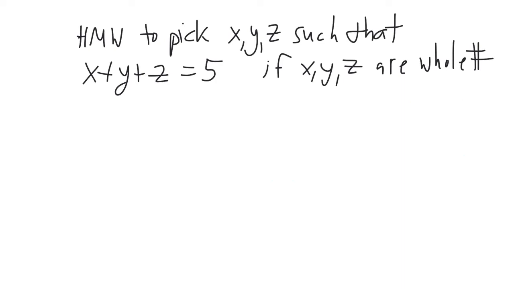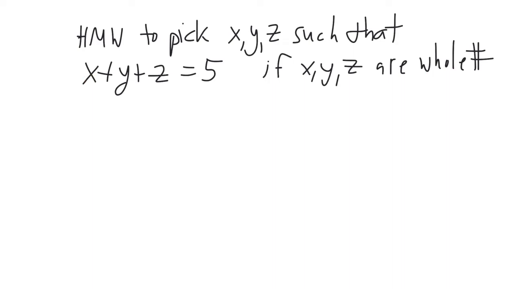This problem may look very different, but it's really the exact same problem. How many ways are there to pick an x, y, and z value such that x plus y plus z equals 5? And we're going to work under the assumption that x, y, and z are whole numbers. This is the discrete piece of it, that we can't have fractions or decimals.